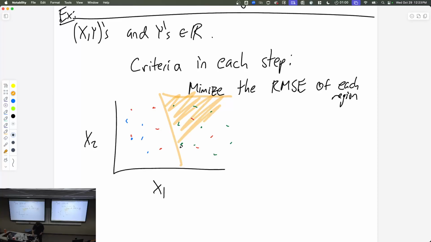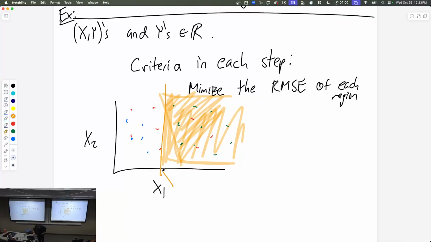We ask on X1, and maybe all the houses here have a very similar price, so the RMSE is very small. All the houses over here have a very similar price, so the RMSE is very small. This would be our decision boundary. So we say, is X1 less than or equal to this T1 value?